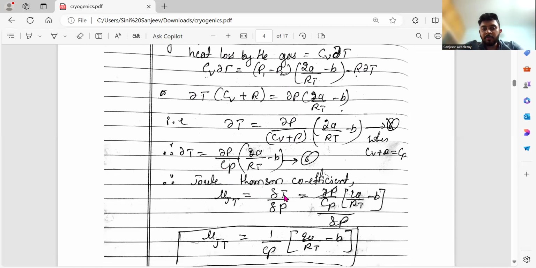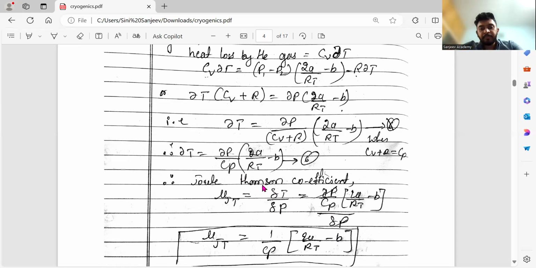Then I'll be getting the Joule-Thomson coefficient, that is delta T by delta P. So this Joule-Thomson coefficient is what? Mu JT is 1 by C P into 2A by RT minus B. Okay, how I'm getting it is, this is basically my dot T by dot P. Either you can put delta, dot, or a triangle symbol delta also.